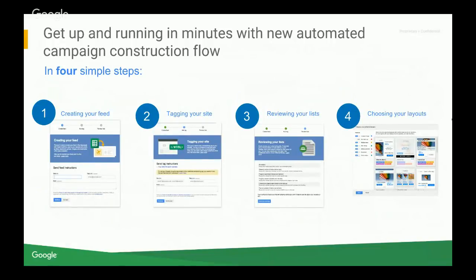There are, we think, quite simple steps for creating dynamic remarketing. Just as a quick overview, the first step is that you have to create a feed. Obviously, in this case it is a custom feed, because we don't have the Merchant Center or any other kind of feed, depending on your business model and your vertical.